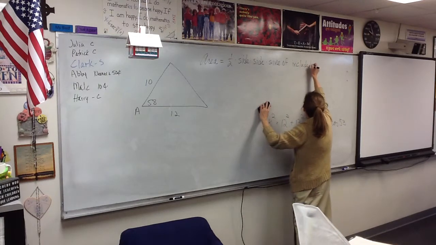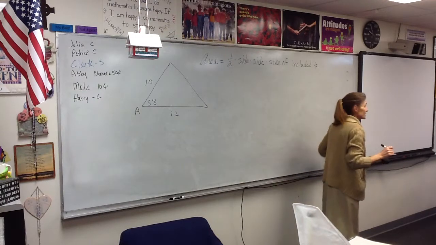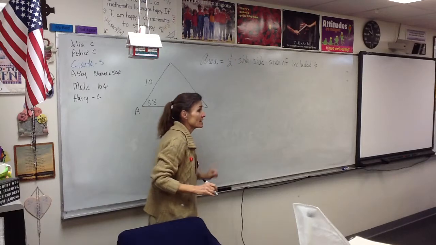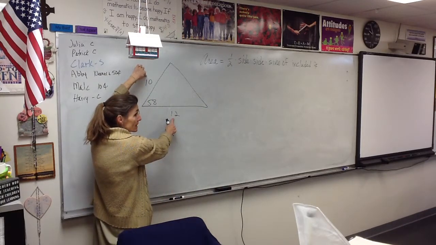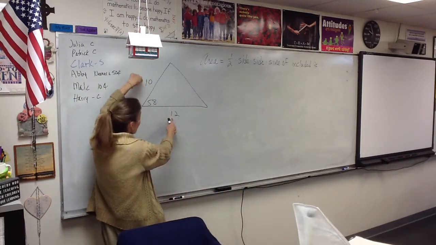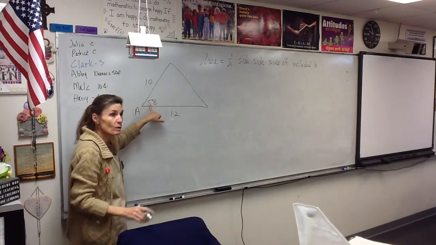Now, you will hear me refer to this as 1/2 side sine. What do I mean by included angle? If I have two sides of the triangle, side times side, here are my two sides, what do I mean by included angle? The one that's in between them, right?